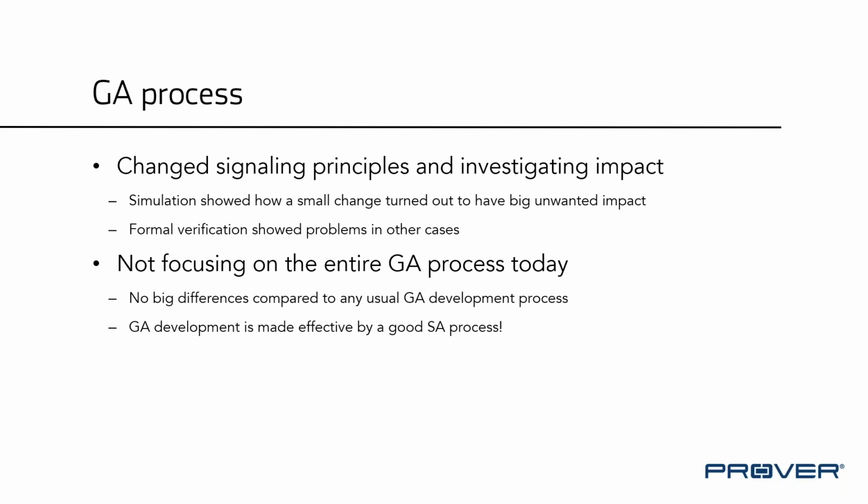What I want to stress, though, is it's much more efficient to make generic application development if you have a really efficient and good specific application process, because then you can try a lot of examples and you can discuss concrete effects of what you're doing much more easily.